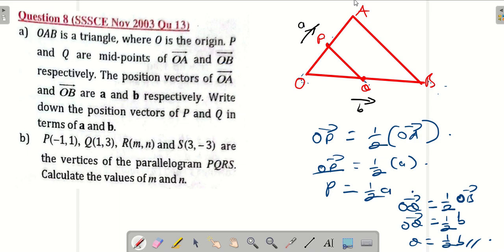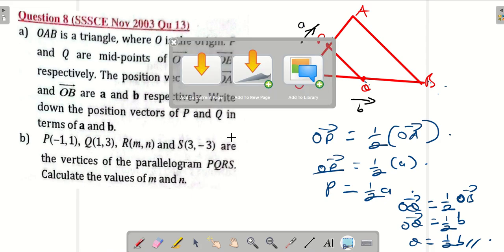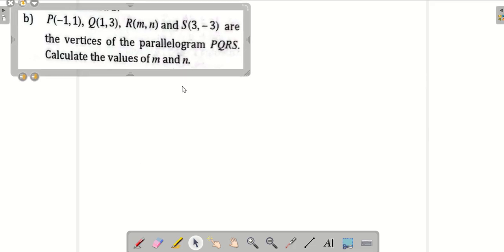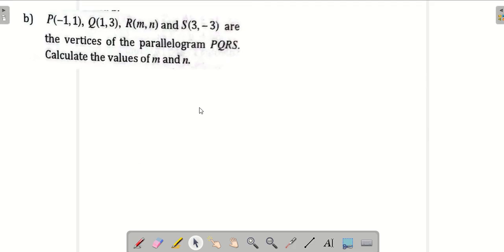P, -1, 1, Q, 1, 3, and R, M, N are vertices of a parallelogram.